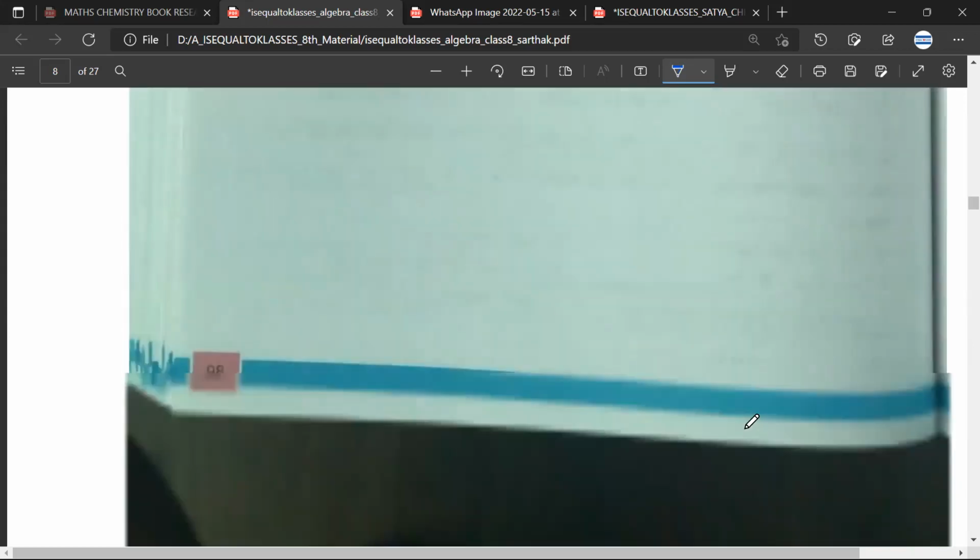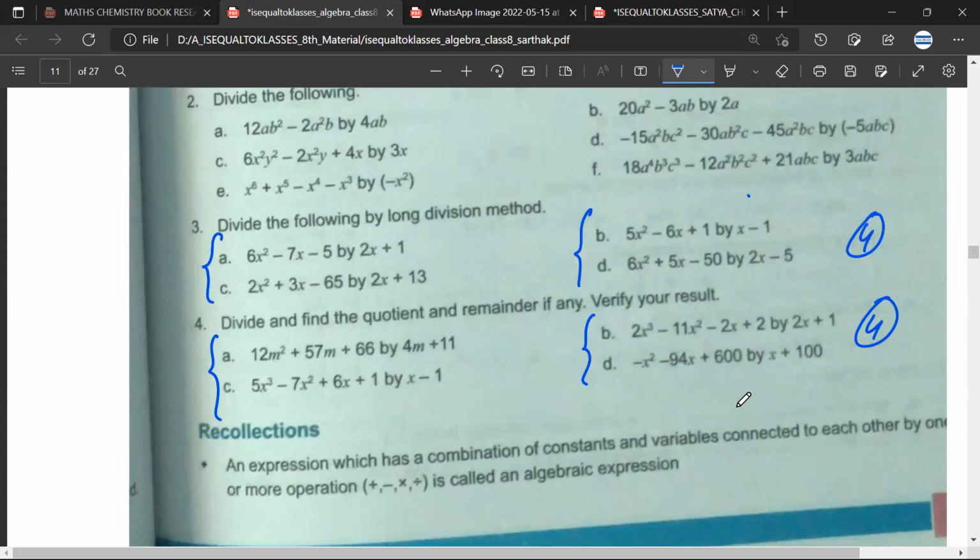Any doubt, Mr. Sarkar? No, sir. So you can start doing these questions. Try to do at least 2 to 3 questions in class, and then you can do the rest of the questions as homework. Is it fine? Yes, sir. Yeah, just try to do these 3 questions with me, and then the rest of the questions you can do as homework. Okay, sir. Yeah, you can start.